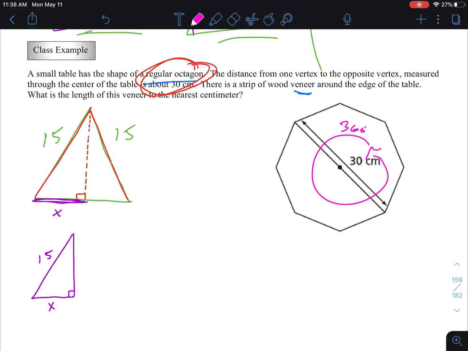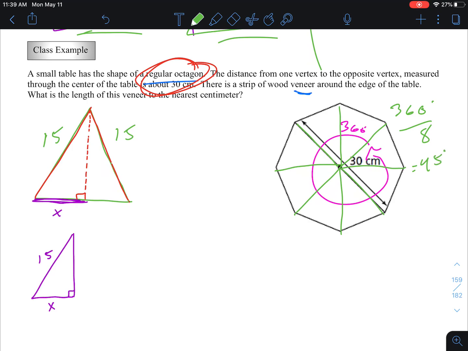If I took that same circle and split it into 8 equal slices, like a pizza, well, 360 divided by 8 is going to give me, I can't remember off the top of my head, 45 degrees. Knew it.